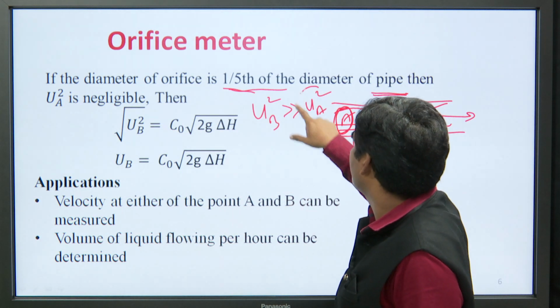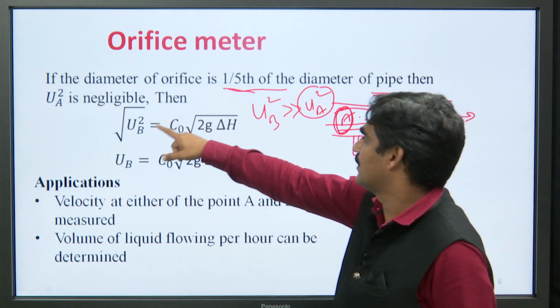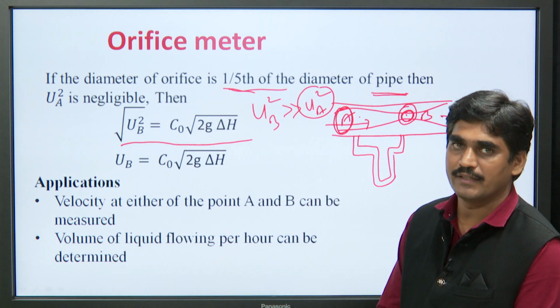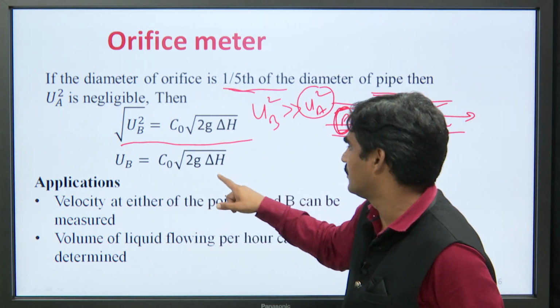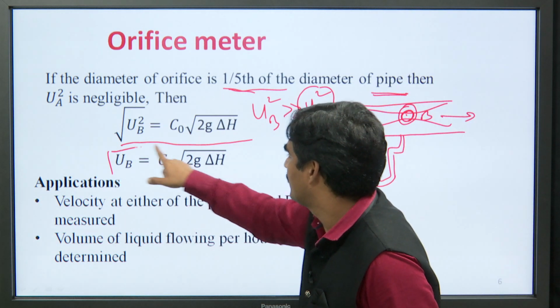So, u a square is negligible in this case, then the equation changes to u b square is equal to C 0 root over 2 g delta h, or u b is equal to C 0 root over 2 g delta h. This was the final equation.